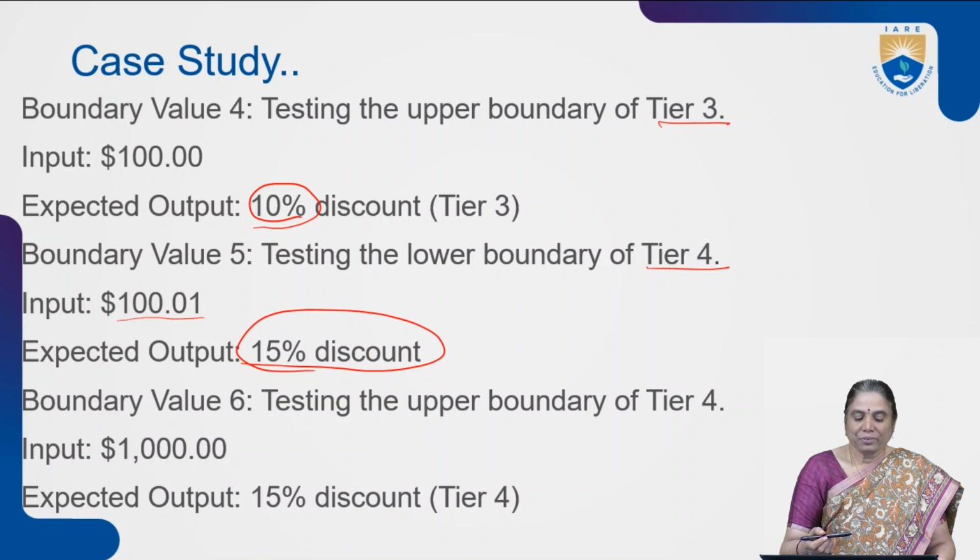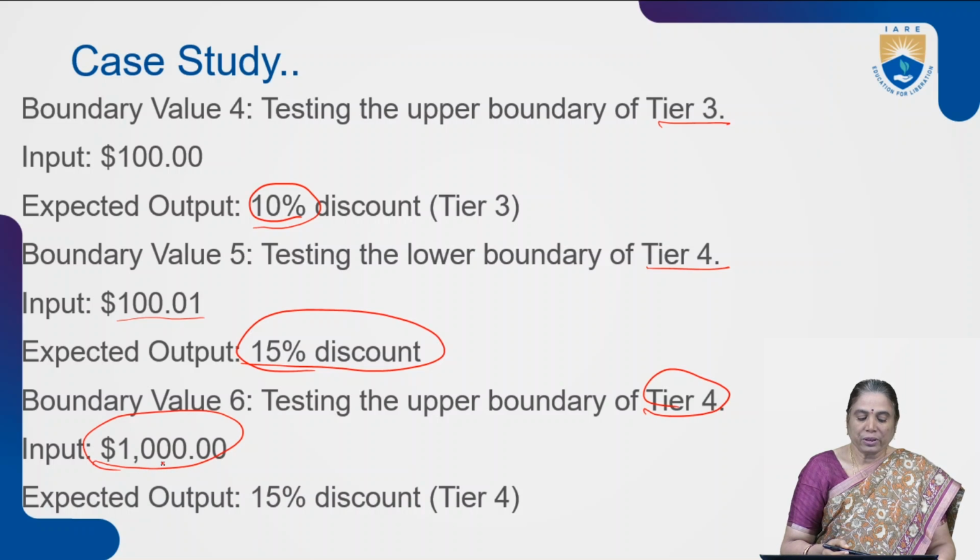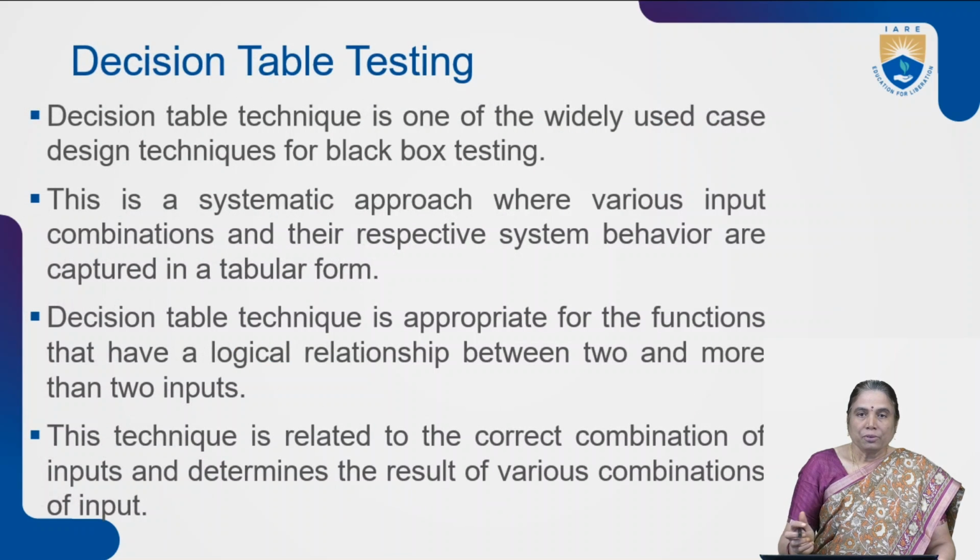In the next test case, boundary value 6, we test the upper boundary of tier 4 with an input of $1000. So the expected output must be the 15% discount. Like this, the boundary values must be tested more carefully in the boundary value analysis testing technique.